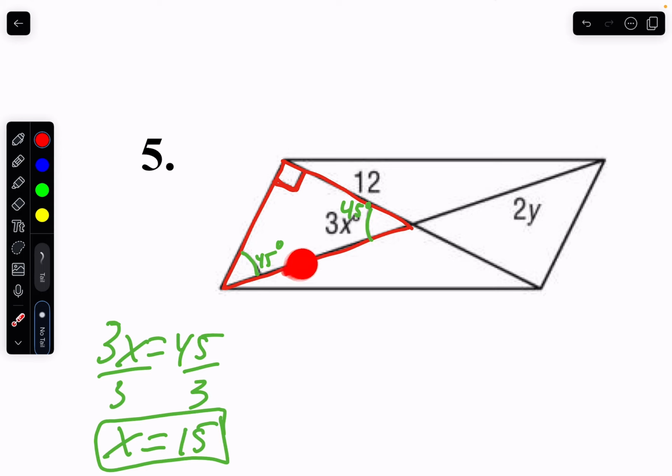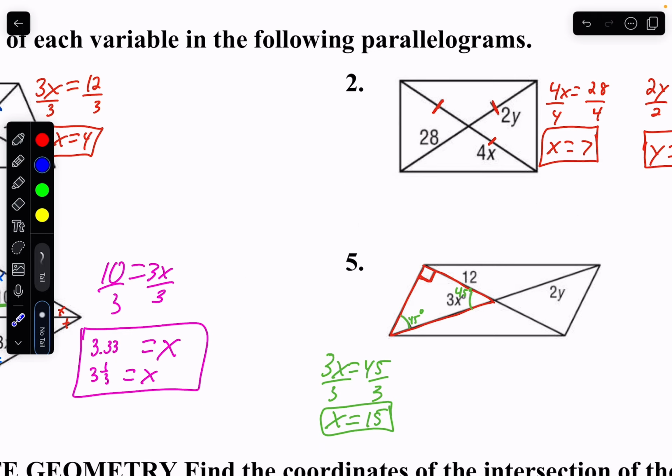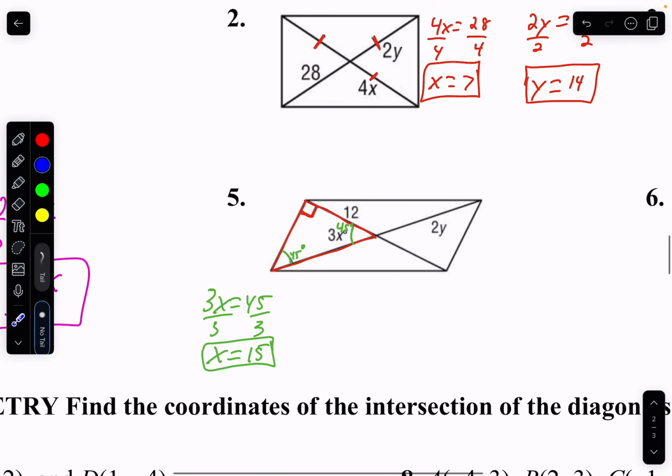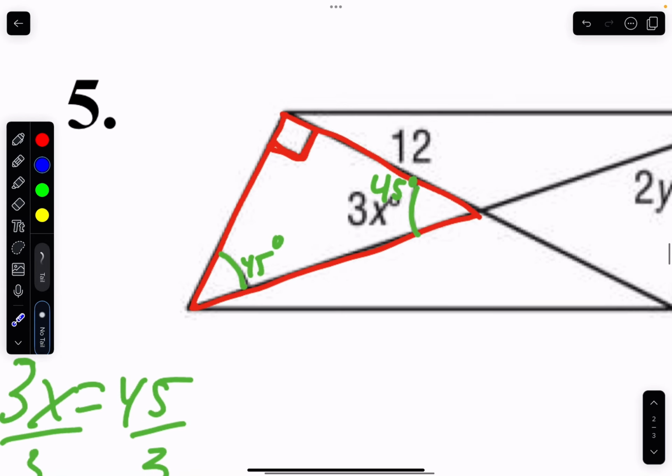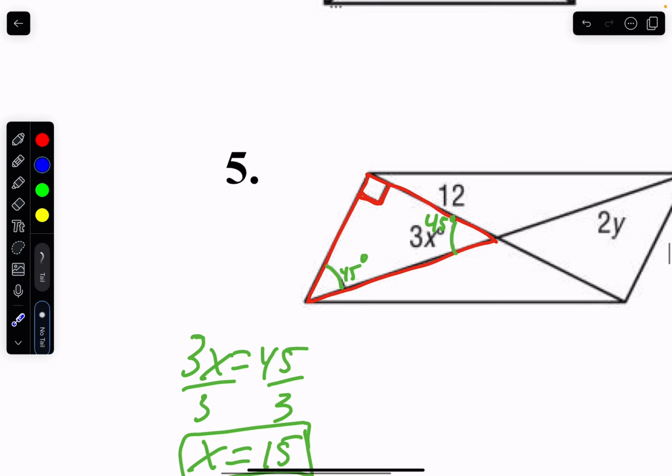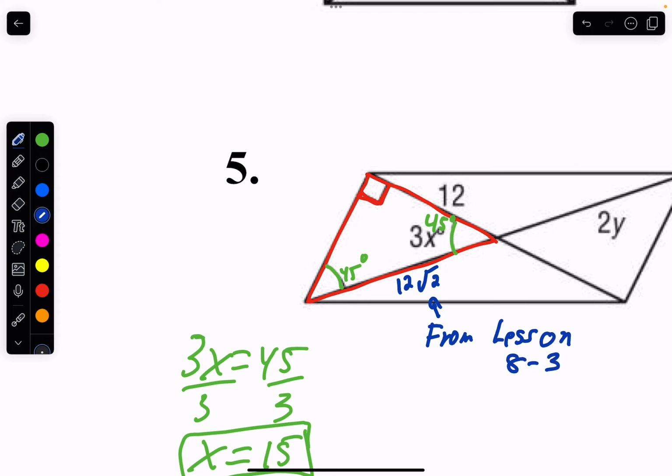So that hypotenuse right there has to be 12 square root of 2, and that is from lesson 8-3.